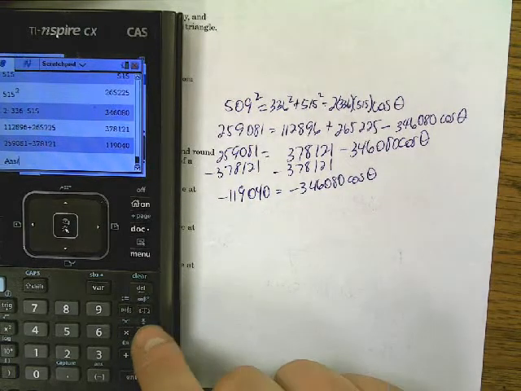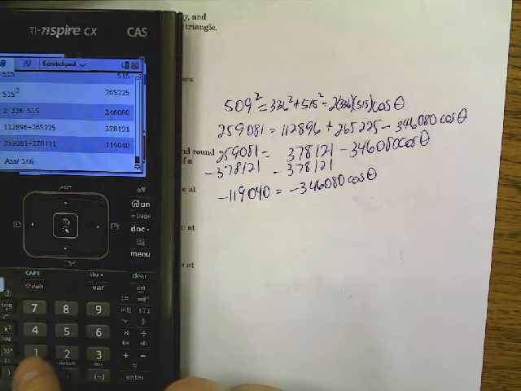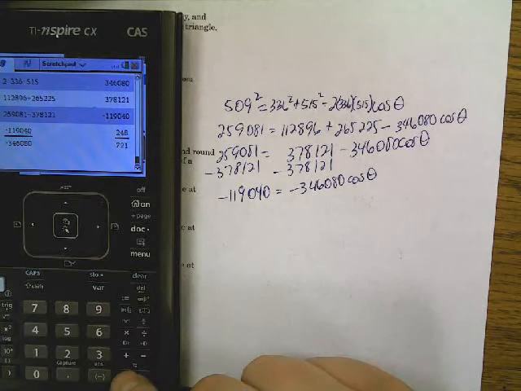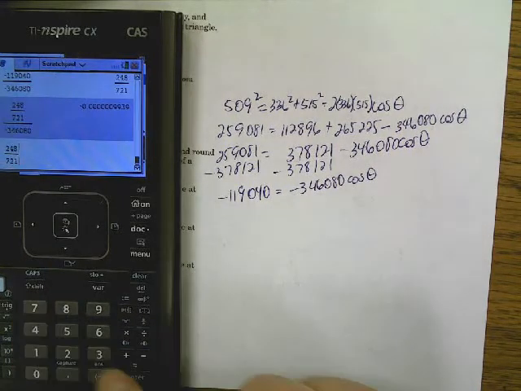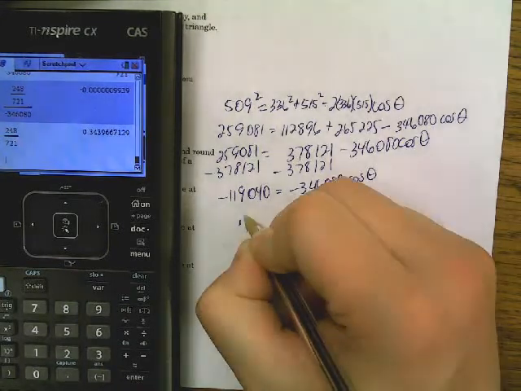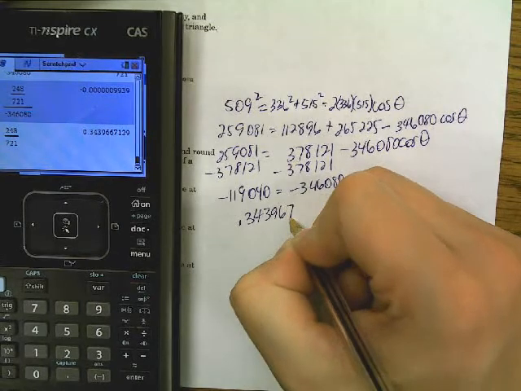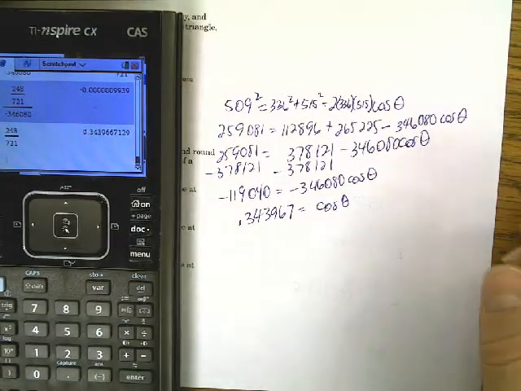So divided by negative 346,080. Alright, and I'm getting for that 0.34397 equals the cosine of theta.